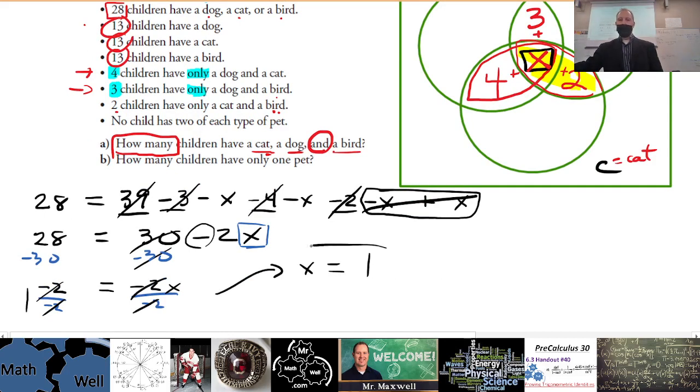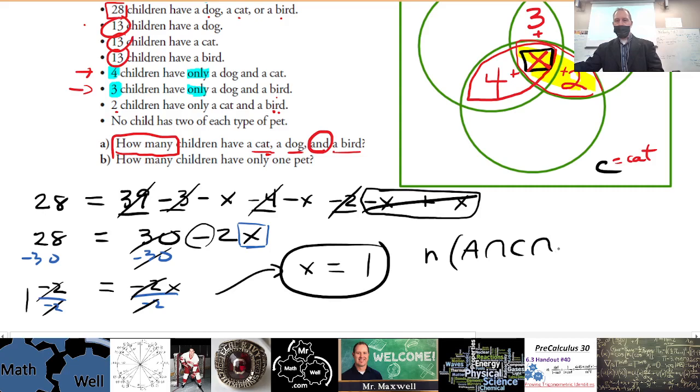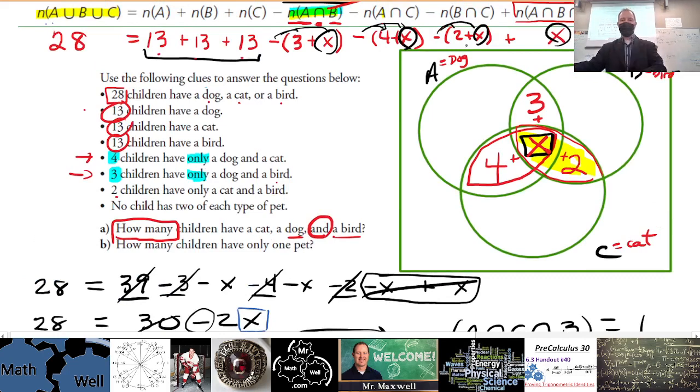And if you go back and check, the number of kids with a dog and a cat and a bird equals 1. There's only one kid that has all three. And we can certainly go back and check to make sure that this lines up with the entire situation, okay? So 13 have a dog. Well, let's just see.